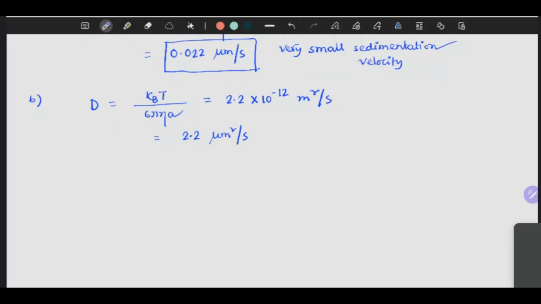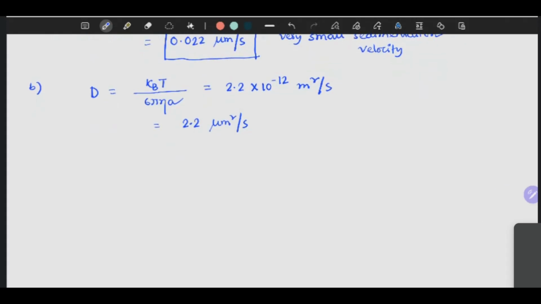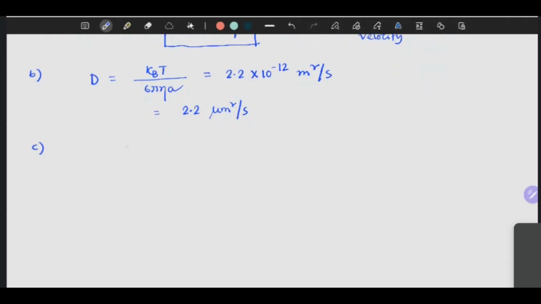Now consider the distance by which the Brownian motion moves. This is the average distance Vst, and this is the fluctuation, root Dt.